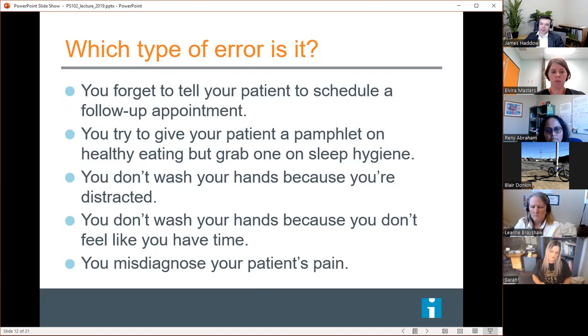Okay, thanks, Sarah. So you think the first one is a lapse. You forget to tell your patient to schedule a follow-up appointment. And the second one, a slip. So you try to give your patient a pamphlet, but you give them the wrong one. Any other guesses?